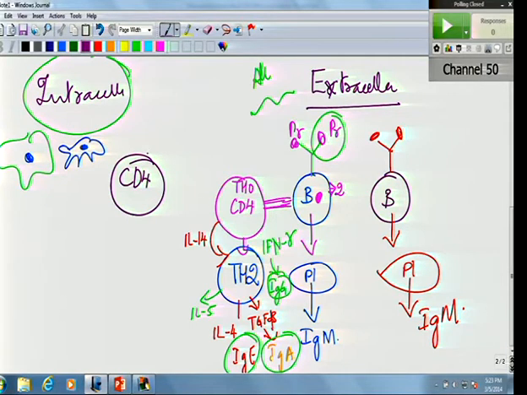So how will the CD4 know that it should differentiate into Th1? How will it know? What does the dendritic cell do?